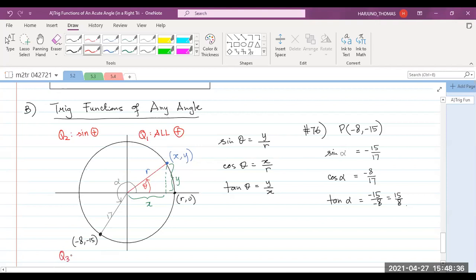Now in quadrant 3, the x and the y are both negative, right? So sine and cosine will be negative in quadrant 3. Only tangent is positive because that's the quotient of 2 negatives.